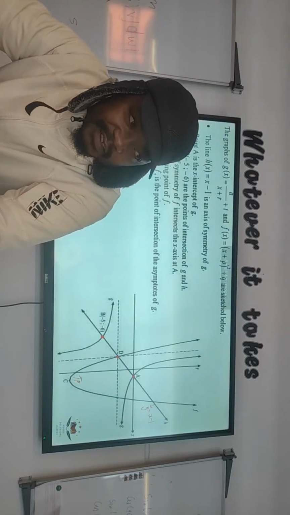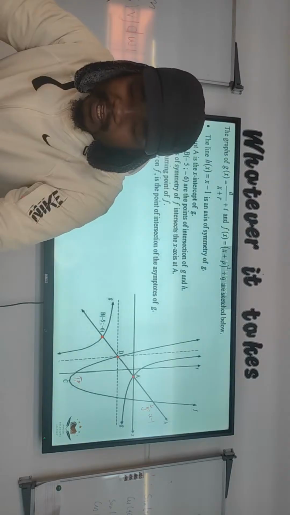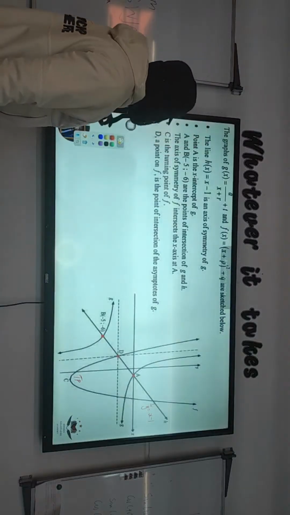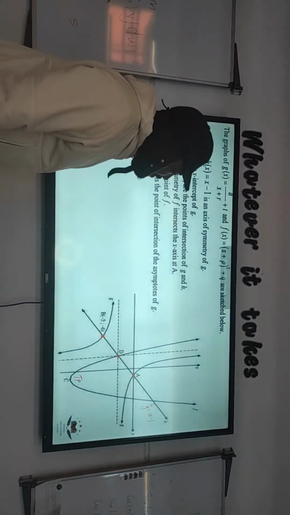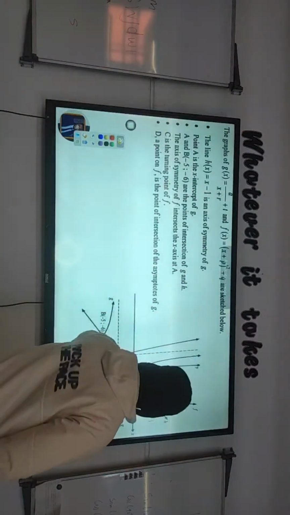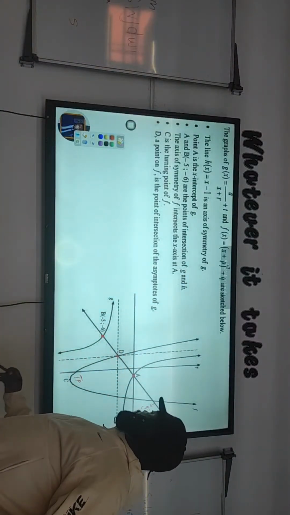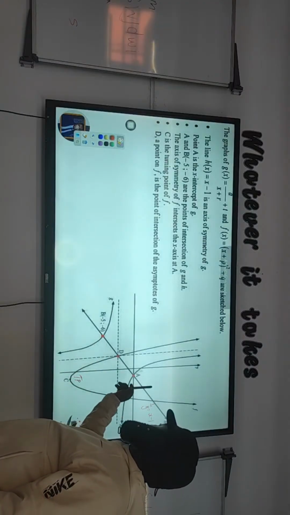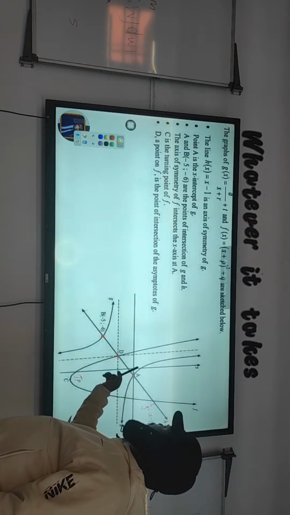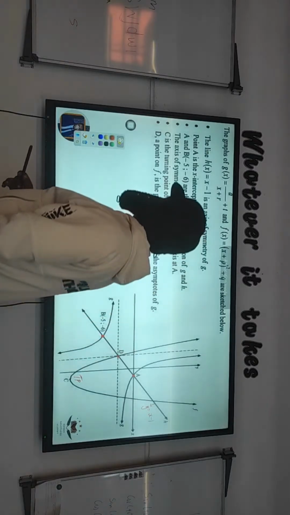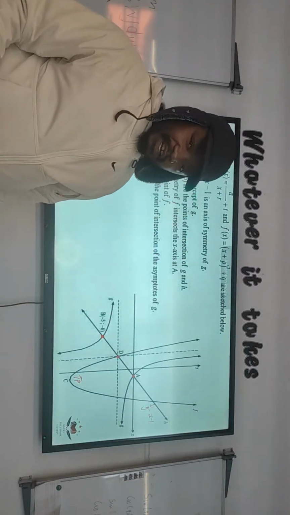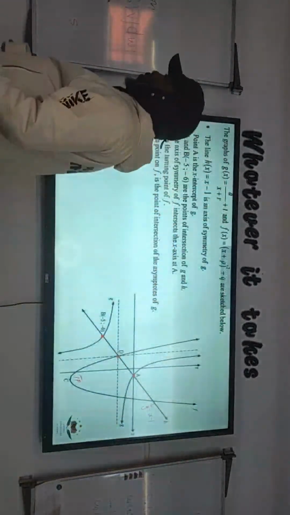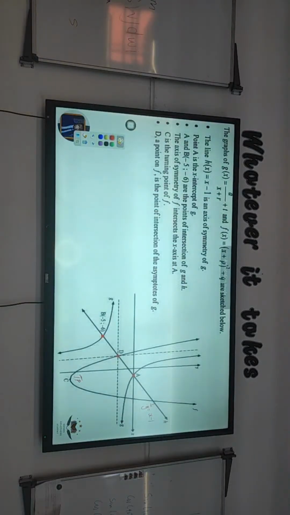The first question says, determine the coordinates of A. We have this point, and then we have to find the coordinates of A. Let me give you a few minutes, drink water, and then let's think about how we can find the coordinates of A.